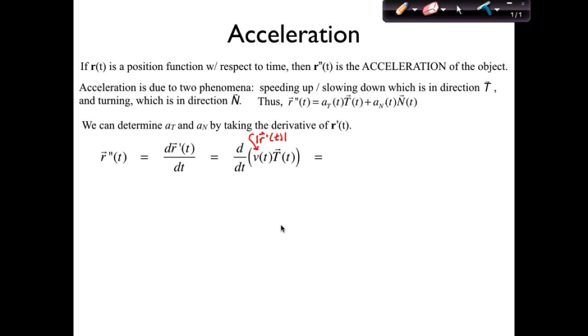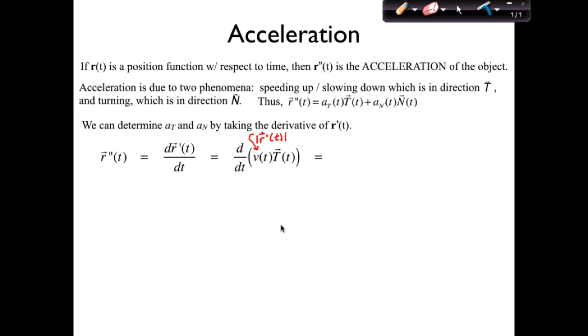So how am I going to take the derivative of this speed function times the unit tangent function? How do I take the derivative? What will I need? Is it the derivative of v times the derivative of T? No. Product rule, right?